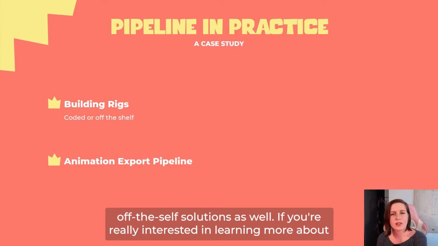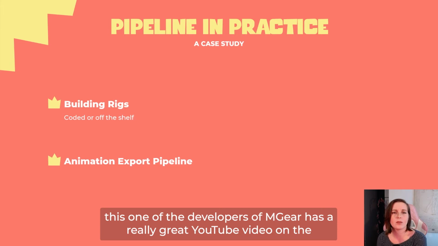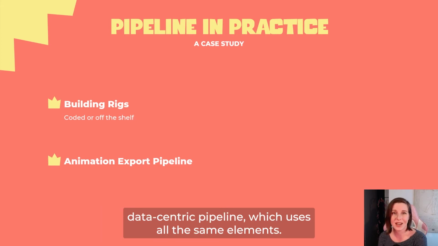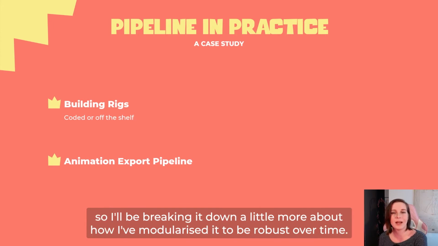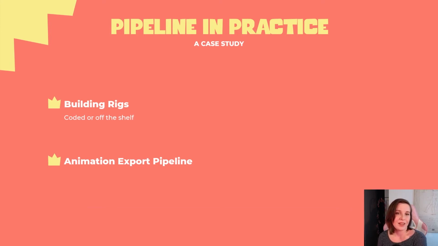If you're really interested in learning more about this process, one of the developers of GCAP has a really great YouTube video on the data-centric rigging pipeline, which uses all the same elements. The animation export pipeline seems pretty simple on the surface, so I'll be breaking it down a little more about how I've modularized it to be more robust over time.